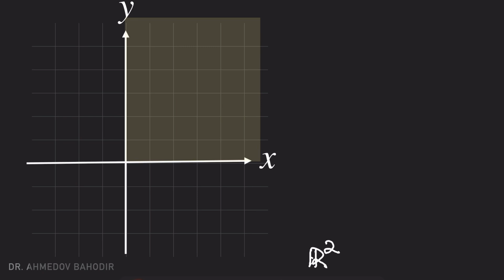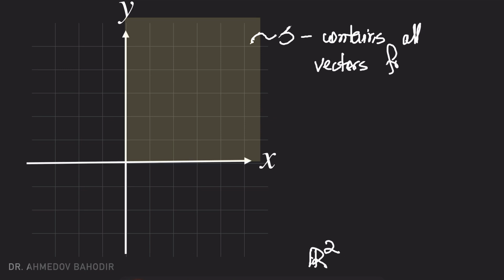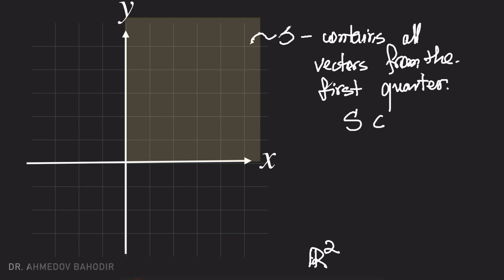So this subspace S is going to contain all vectors from the first quarter. And I would like to understand whether this subspace S of the R2 is a vector subspace or not.